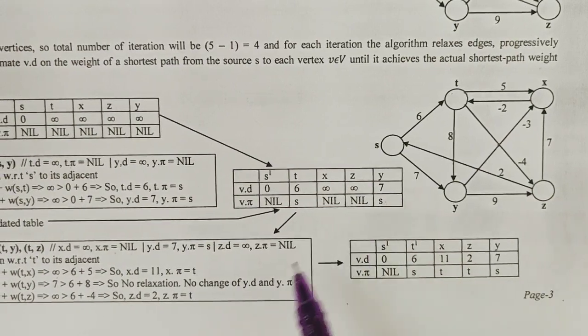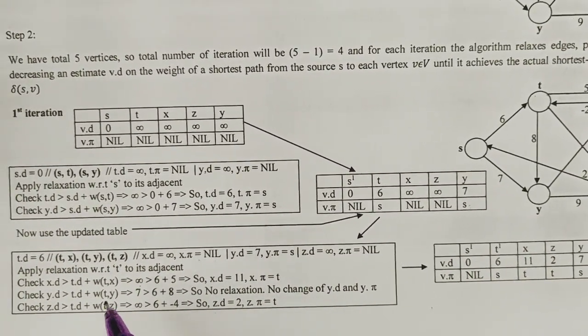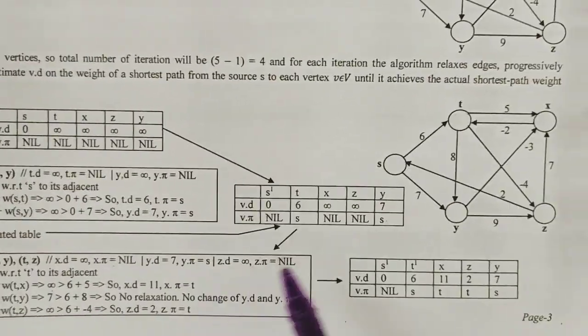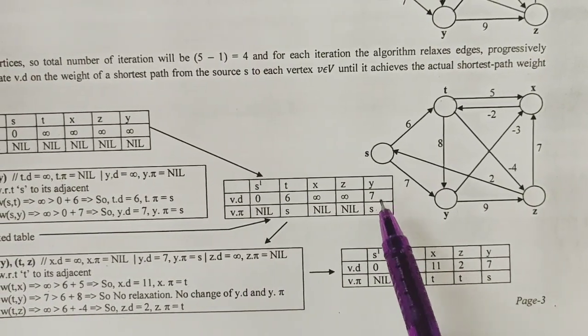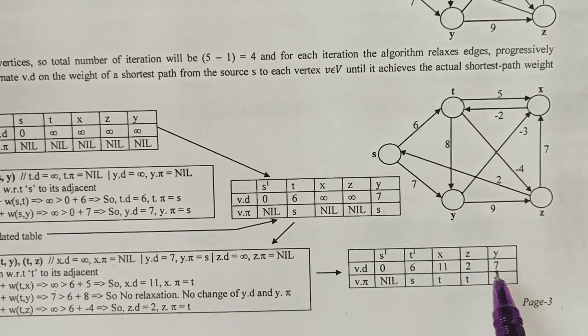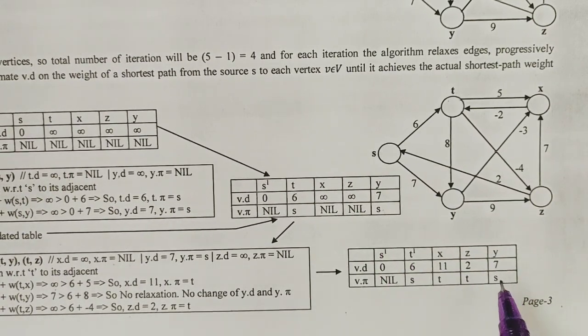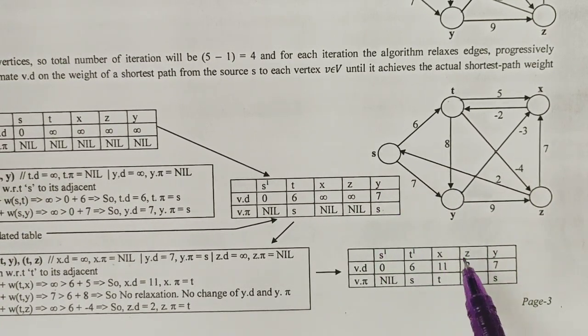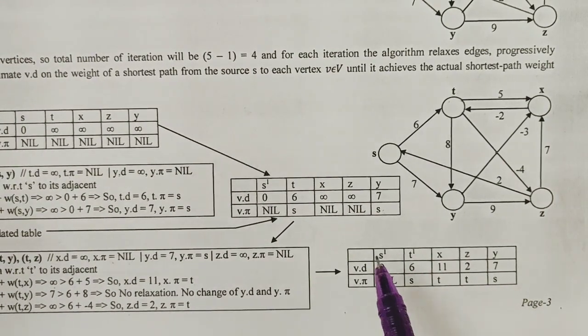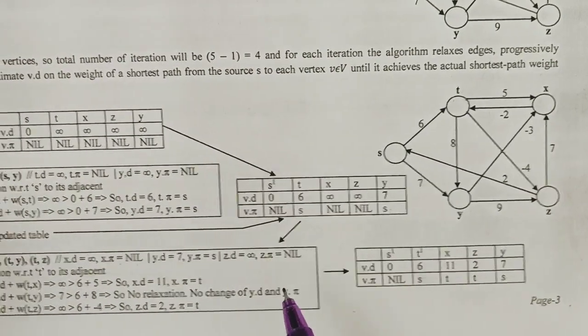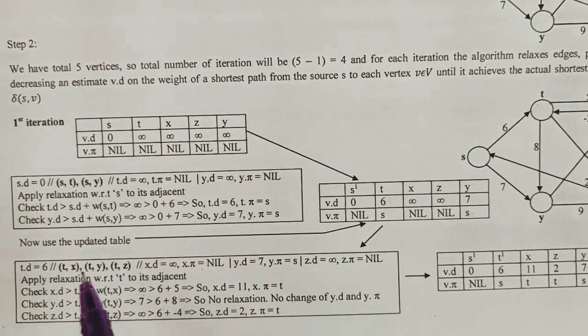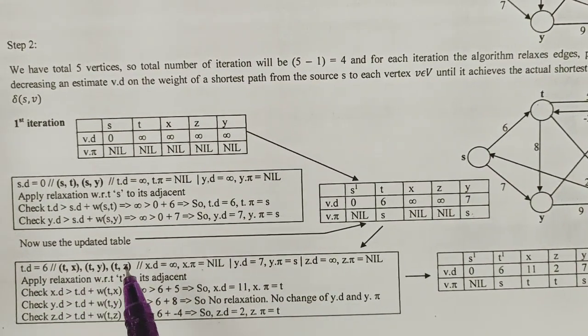No change for y, because there is no successful relaxation for y with respect to t. So y is the same as the previous table: the d value of y and pi value of y are the same. And why is there no change for s? Because there was no edge from t to s. There are only three edges: t to x, t to y and t to z.